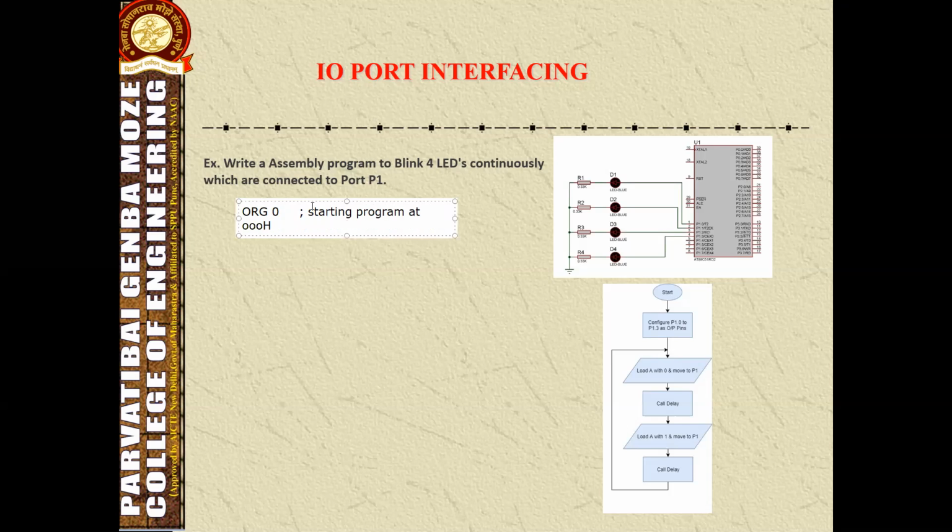From here we are going to start writing the program. After reading this, the microcontroller will think, oh, I have to start from here. At this memory location, we have to start decoding and executing the instructions.